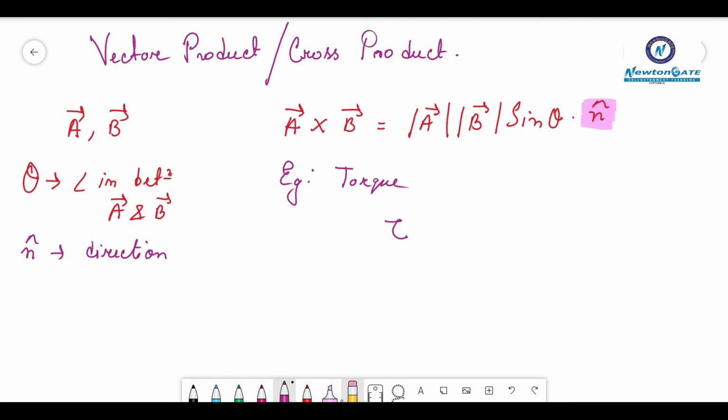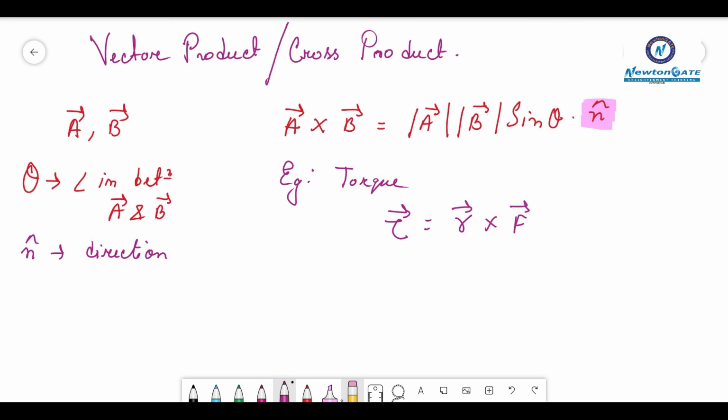Torque is written as tau. So tau is given by r vector cross f. Now r here is the displacement and f is the force used. This is an example of vector product or cross product.